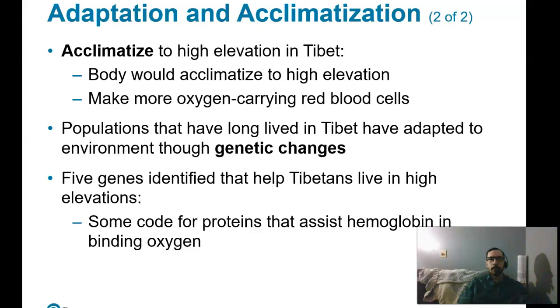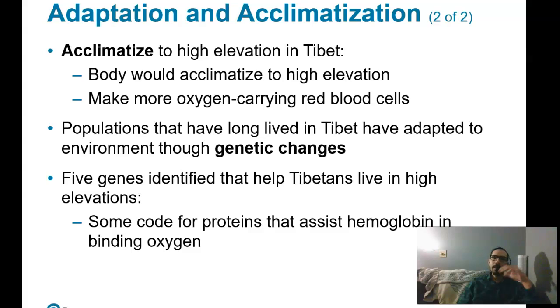Okay. So, for example, acclimatization, you can see that when you go to a place with high elevation, like the mountains in Tibet, or even other types of mountains like the Colorado mountains.